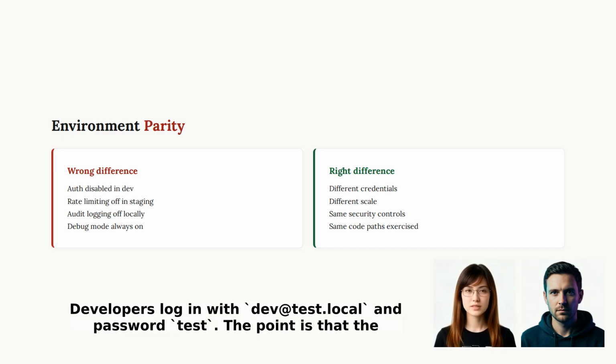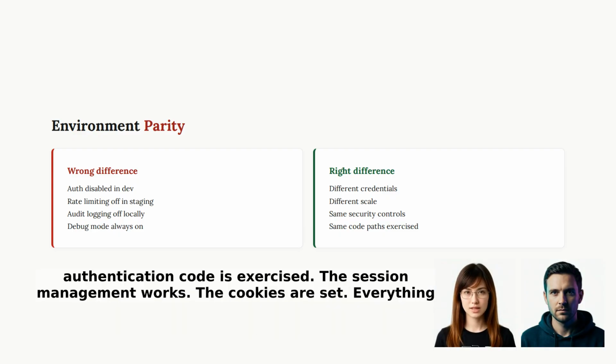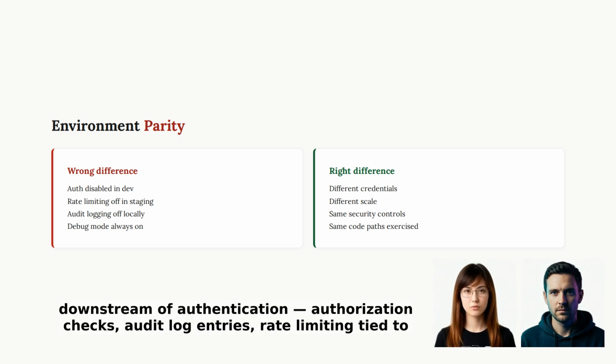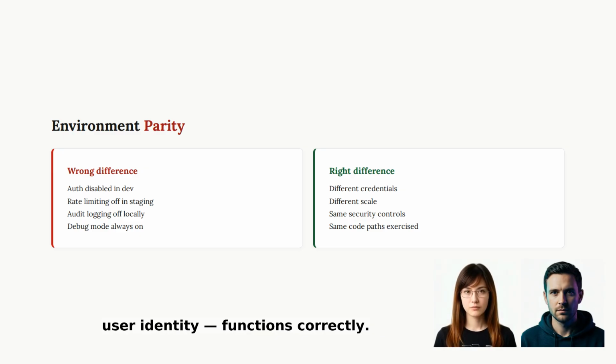Developers log in with dev.test.local and password test. The point is that the authentication code is exercised. The session management works. The cookies are set. Everything downstream of authentication, authorization checks, audit log entries, rate limiting tied to user identity, functions correctly.